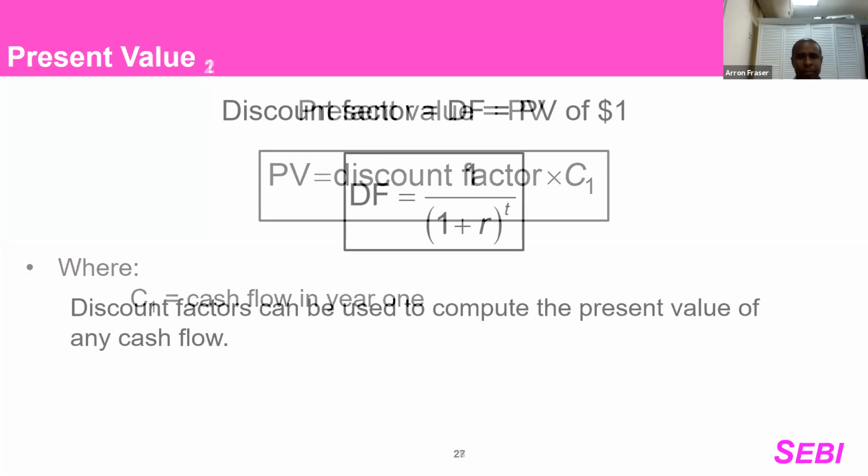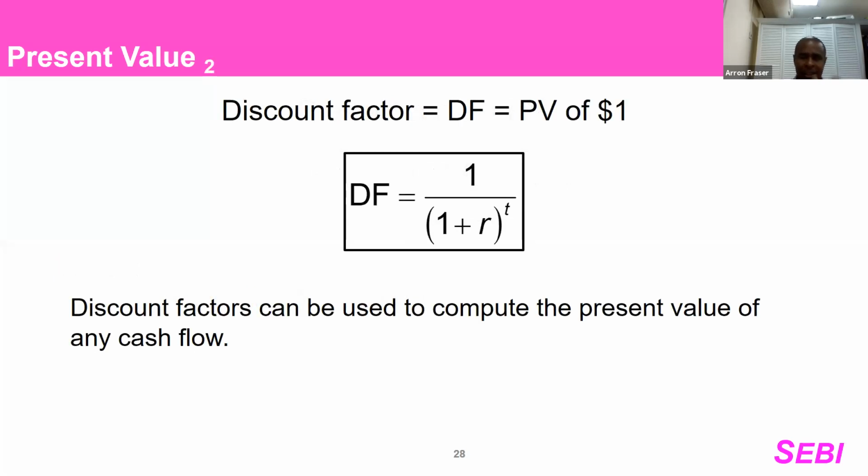The discount factor is 1 divided by 1 plus R, where R is the rate, raised to the number of years. And we use this equation to compute the present value of any cash flow. Right.